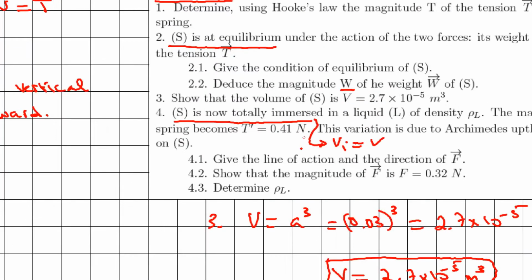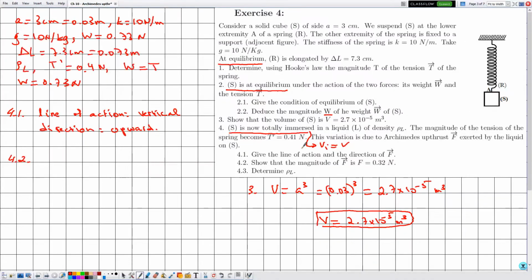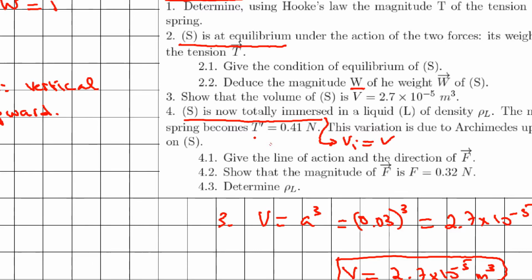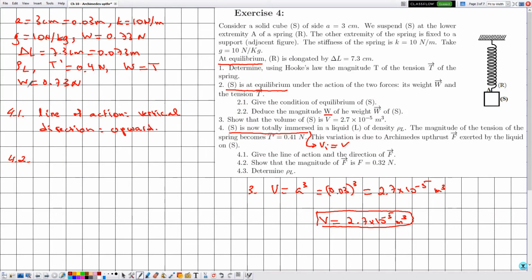So here in this case, the value of T prime represents the apparent weight, because always we have W equal to T. So this tension is when the solid S is immersed in the liquid. So this T prime represents the apparent weight, and this is the real weight. From this part we know that the real weight is given by 0.73 newtons.